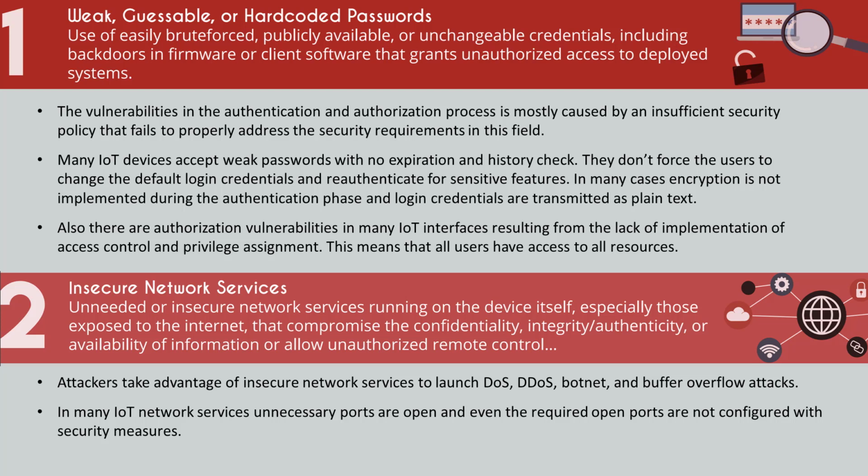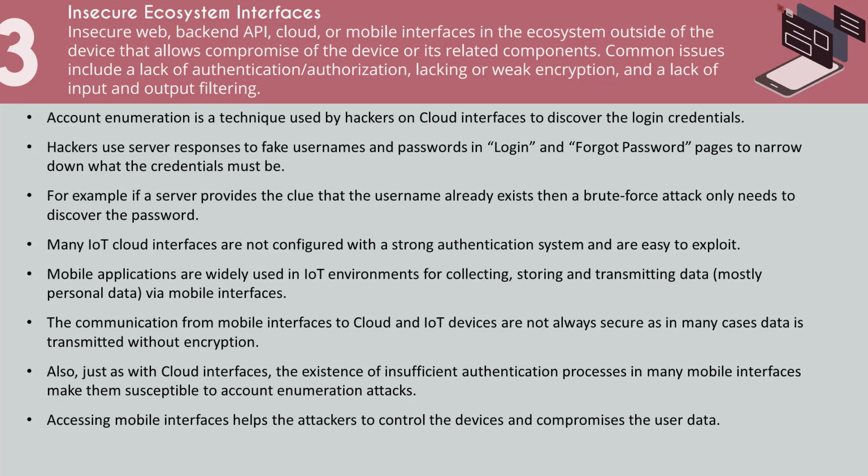The next vulnerability is insecure ecosystem interfaces. As you know, IoT devices are not just standalone devices. They come with web applications, mobile applications, desktop applications perhaps, and then they are connected together.